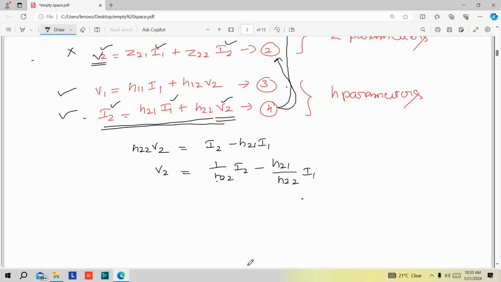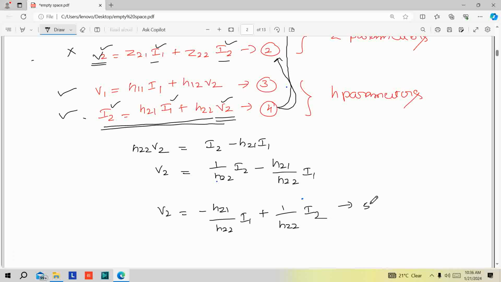So I want to rearrange equation 4 in terms of equation 2. Your equation 2 has I1 and I2, so that's why we arrange in that pattern. Here V2 is equal to minus H21 divided by H22 I1 plus 1 divided by H22 I2.